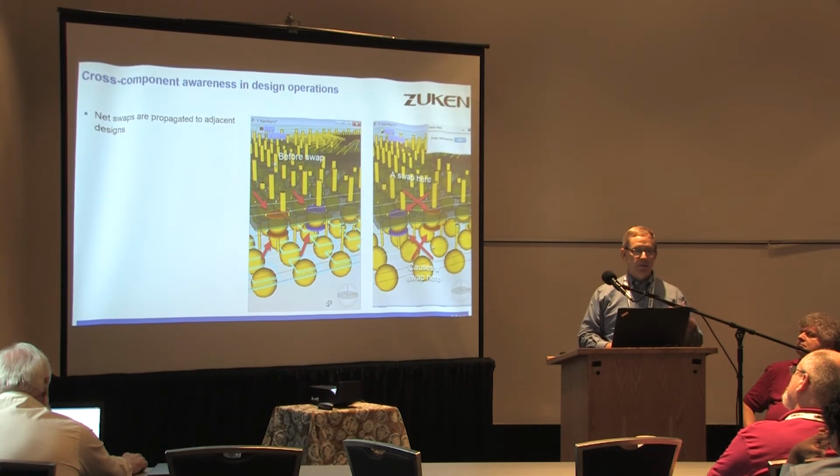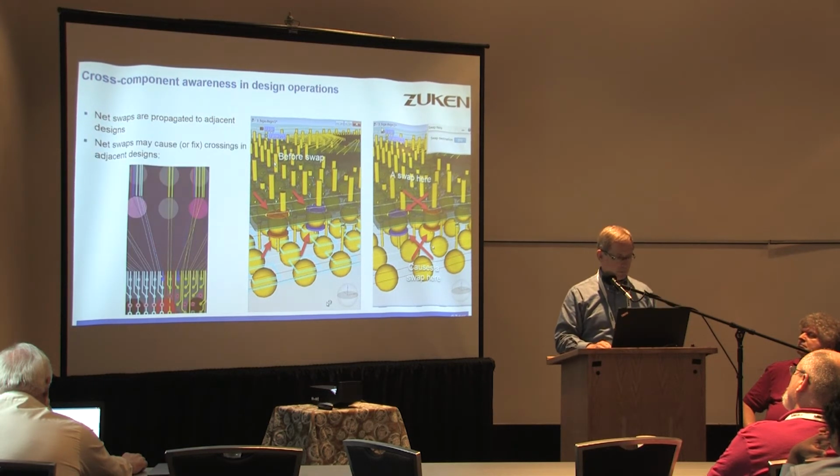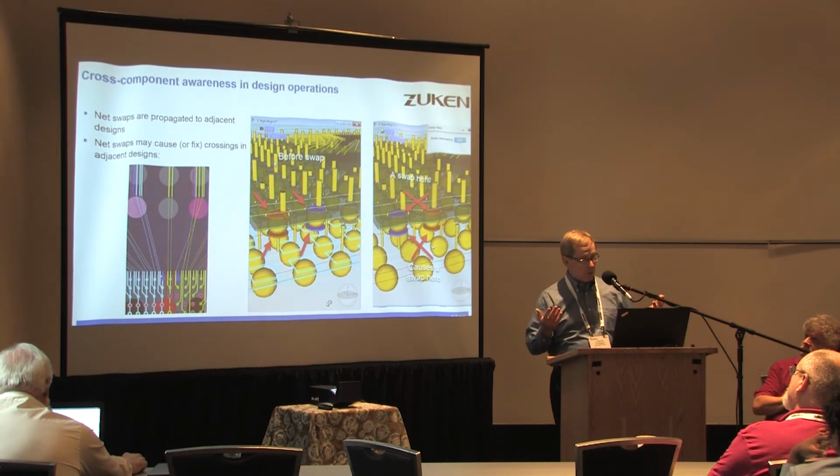So having functionality that understands the connectivity and the physical and logical relationships on the devices in the neighborhood is critical. Net swaps might cause, or they might fix, crossings in adjacent designs.